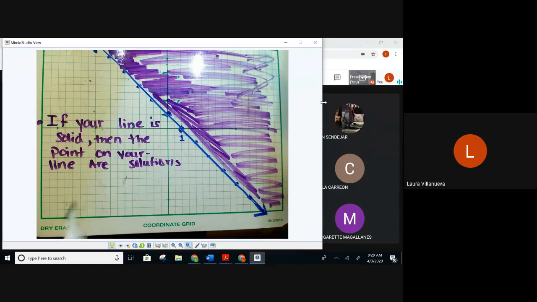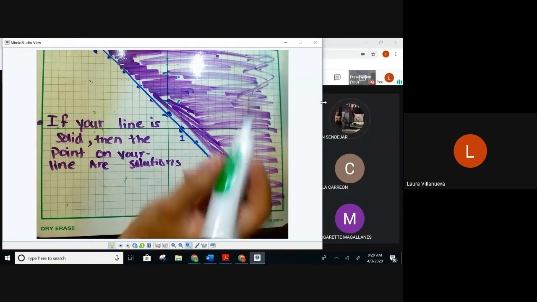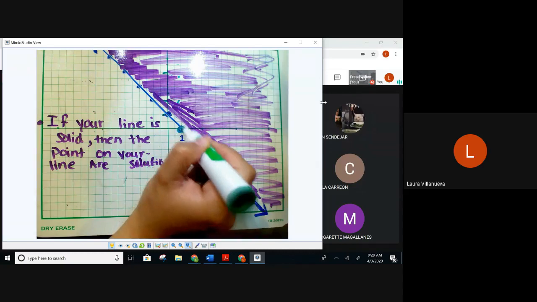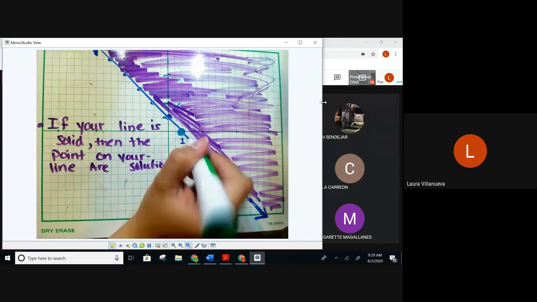Let me see. What is this point right here? Let's just use the main point that we started with.